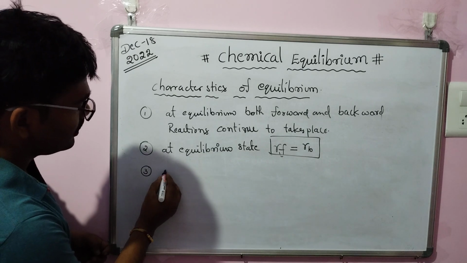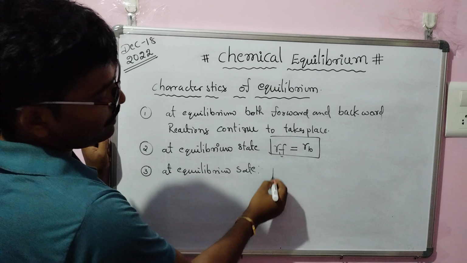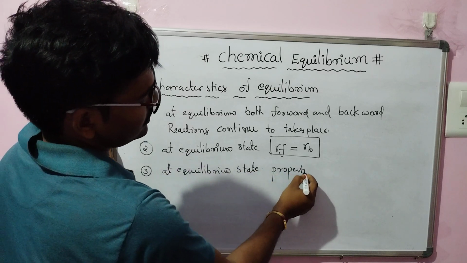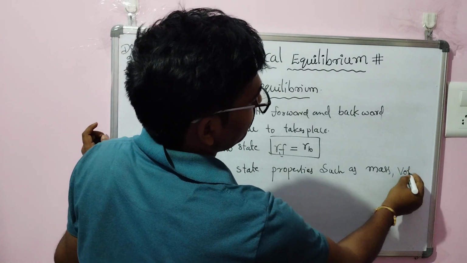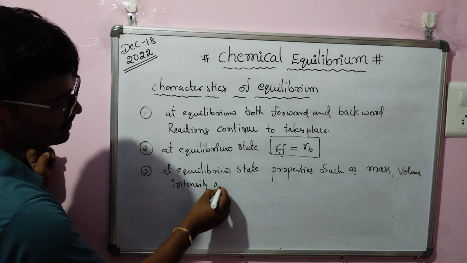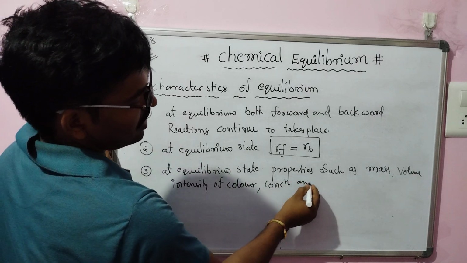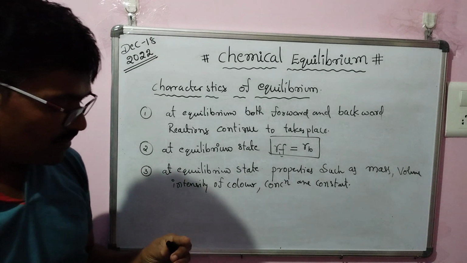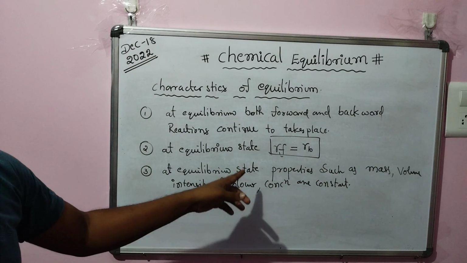And the third one: at equilibrium state, properties such as mass, volume, intensity of color and concentration are constant. So you have to remember that. At equilibrium state, these properties are all constant.